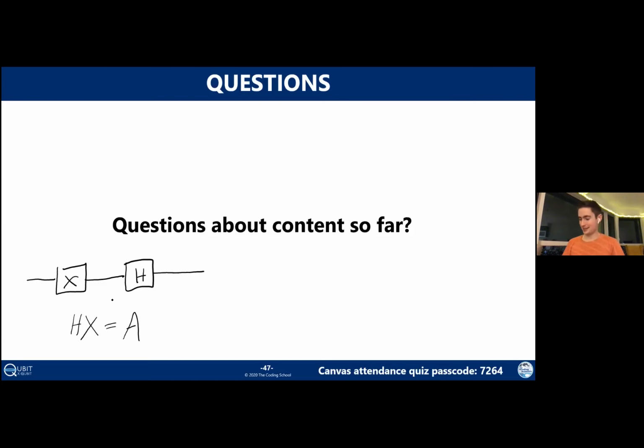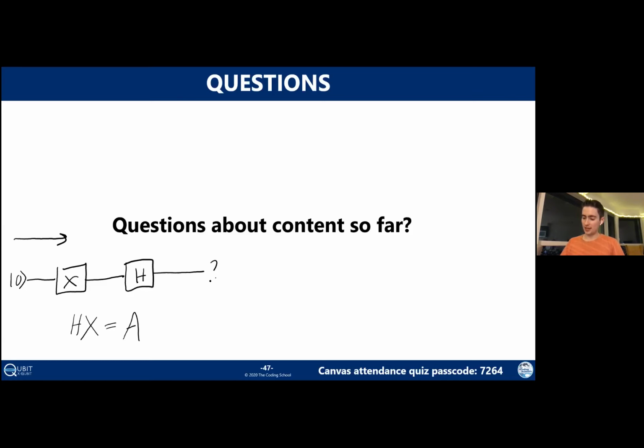Why reverse the matrices? Yeah, this is a good question. The short answer is that the way we draw a diagram like this, we sort of assume that time is flowing from left to right, right? So we start off with 0, then we apply X, then we apply H, and then we end up with whatever our output is, right?